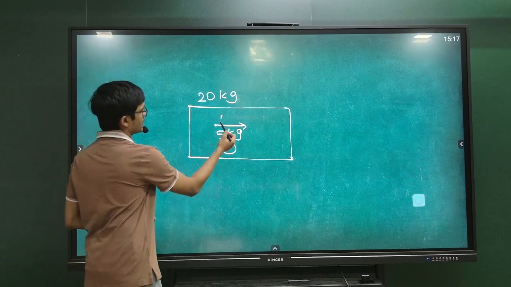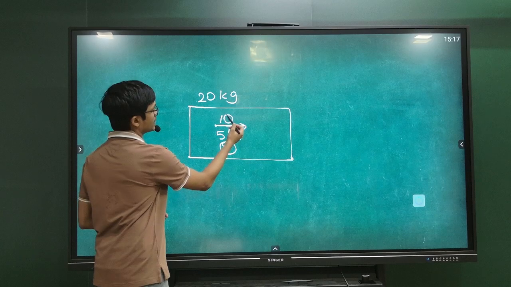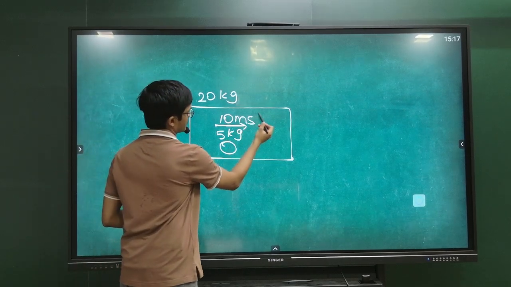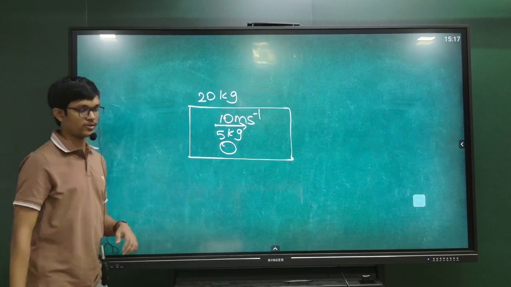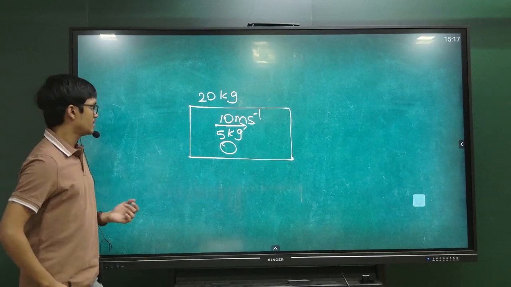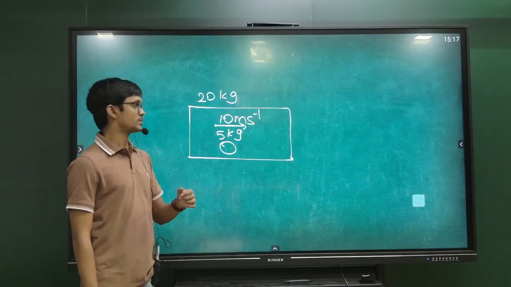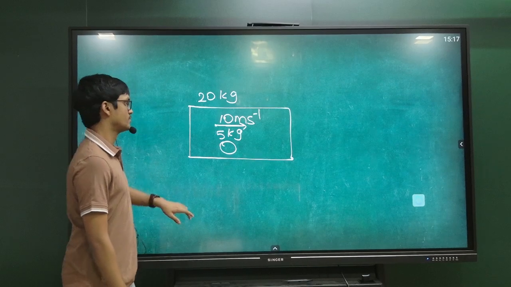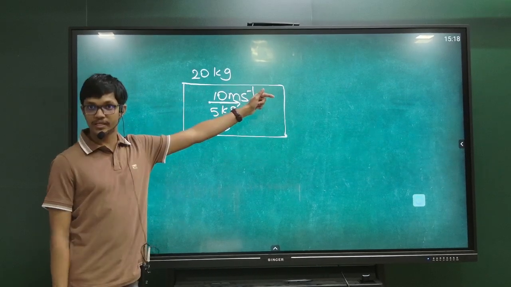Okay, this one starts moving at a velocity of 10 meters per second, and this is a frictionless system. You can't find friction anywhere in the system. The mass is 5 kilogram and this mass is 20 kilograms. It starts moving in this direction, right?